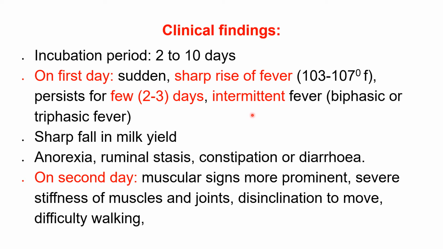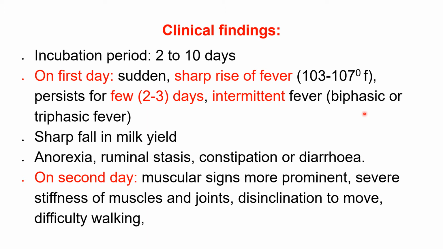The fever may be intermittent also. A period of fever, then a non-febrile period, like this. So it is an intermittent fever. It may be biphasic or triphasic. Biphasic means two peaks of fever. One peak of fever, then a period of no fever, afebrile period.